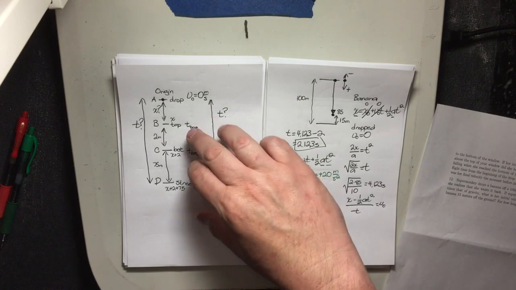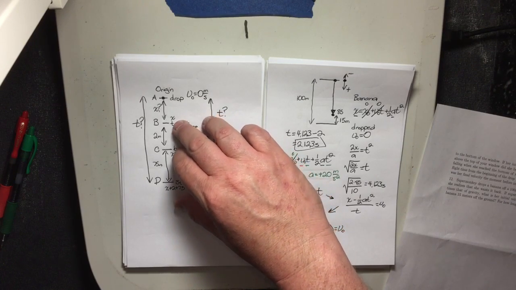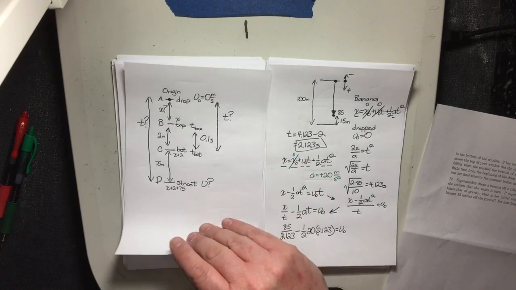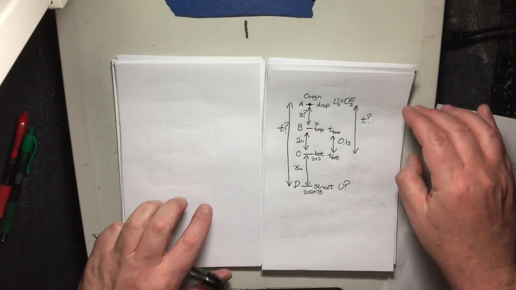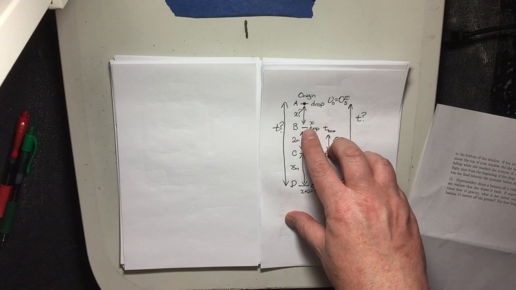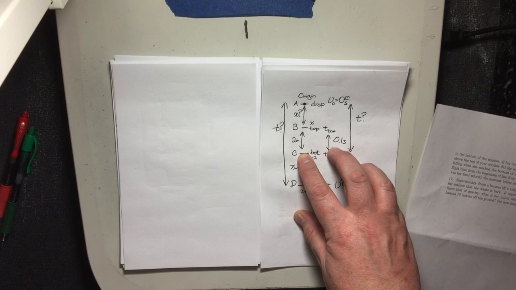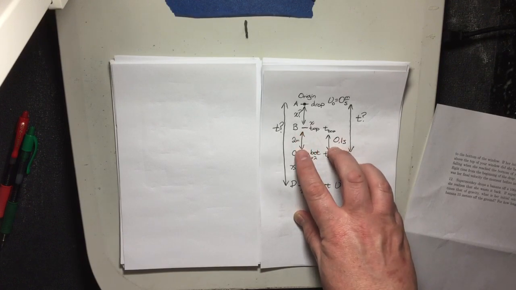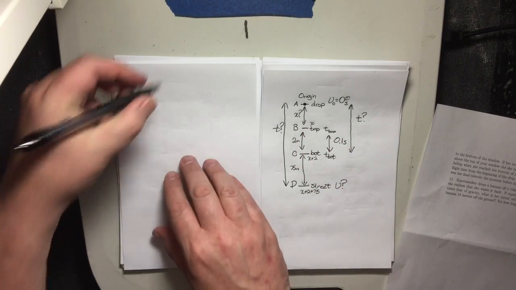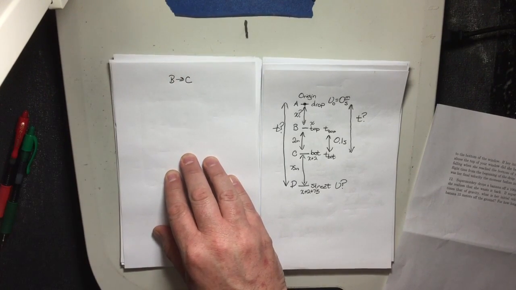The most information we have here is this: we know the total time it took for her to fall from the top to the bottom, and we knew that distance. So let's just study B to C.